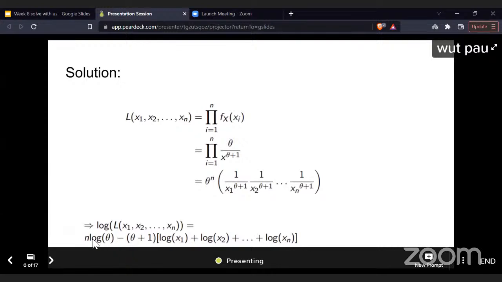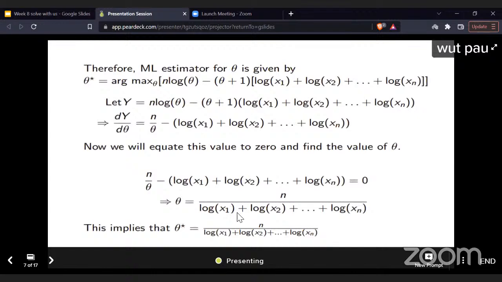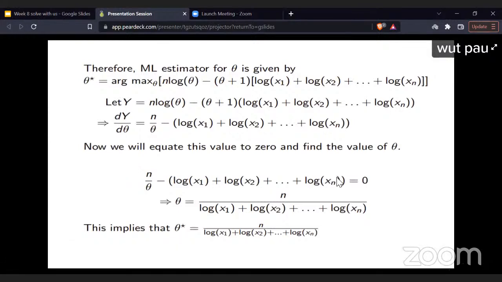It becomes n by theta minus log of x1 plus log of x2 plus up to log of xn, times 1. Is this clear till here, till the differentiation part?